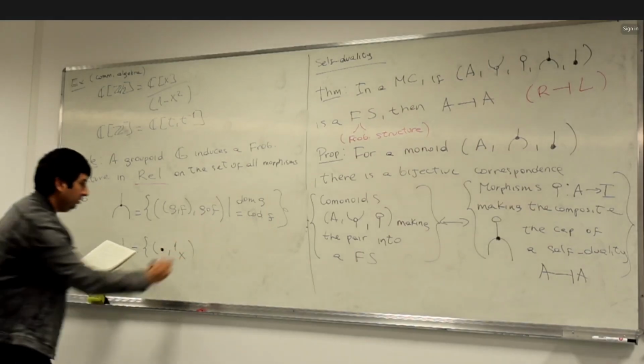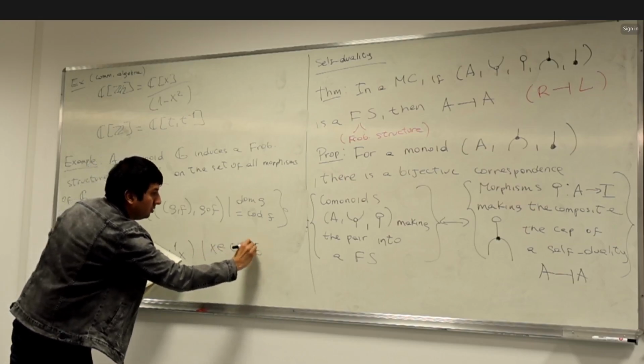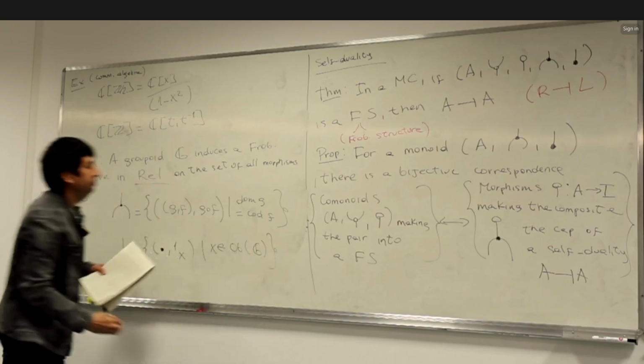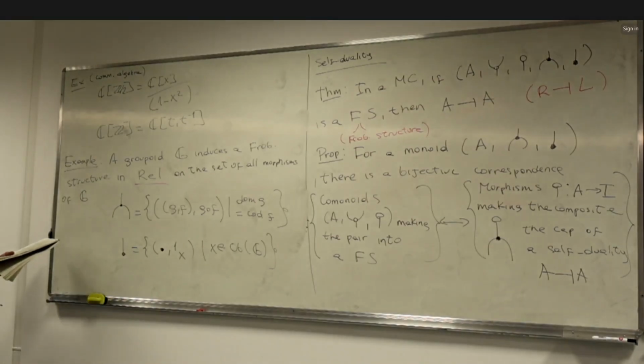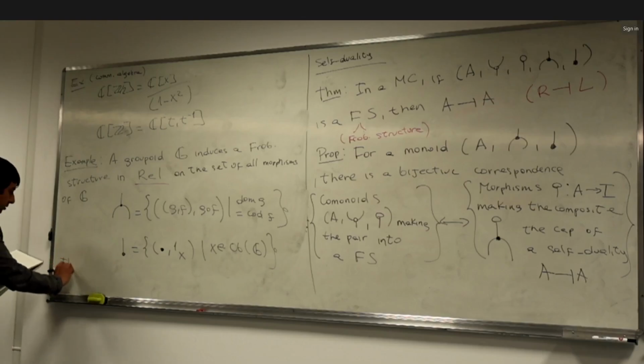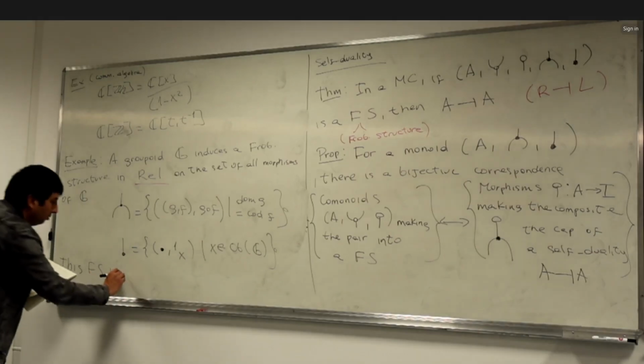This is a unit. X is an object of G. So yes, this Frobenius structure is always special.